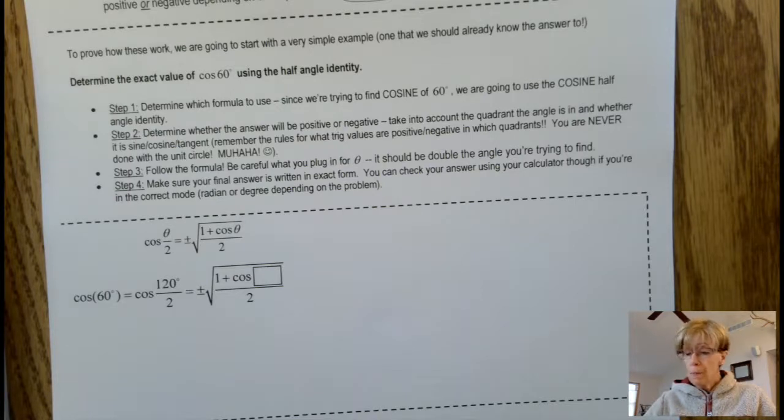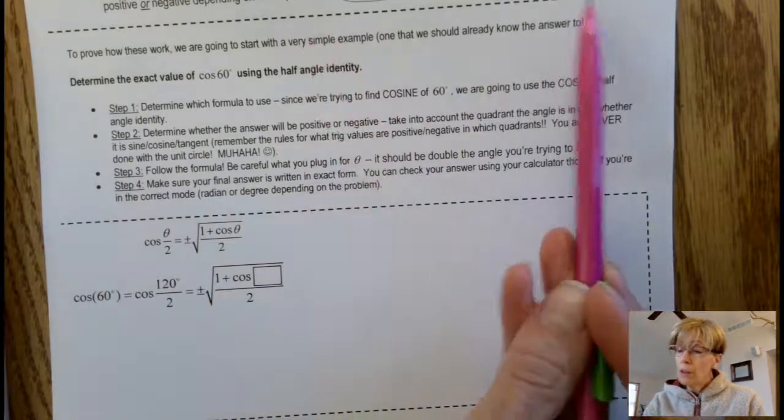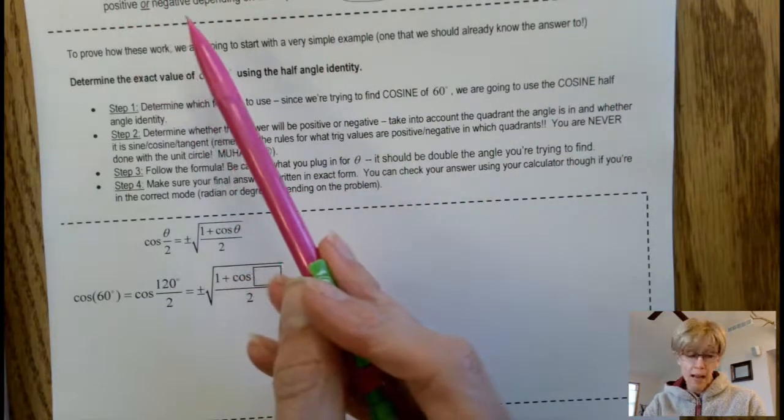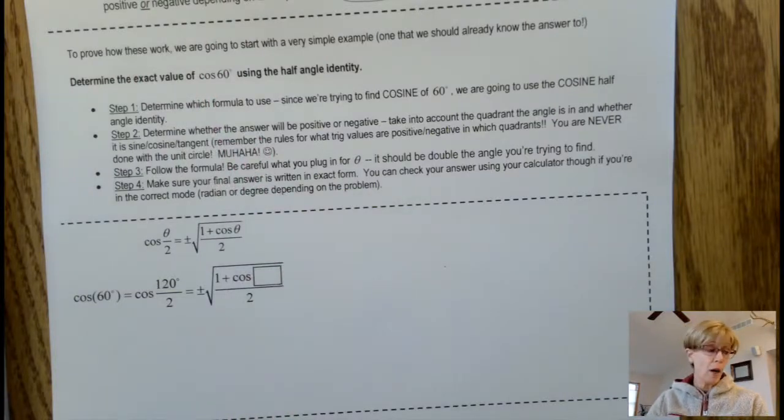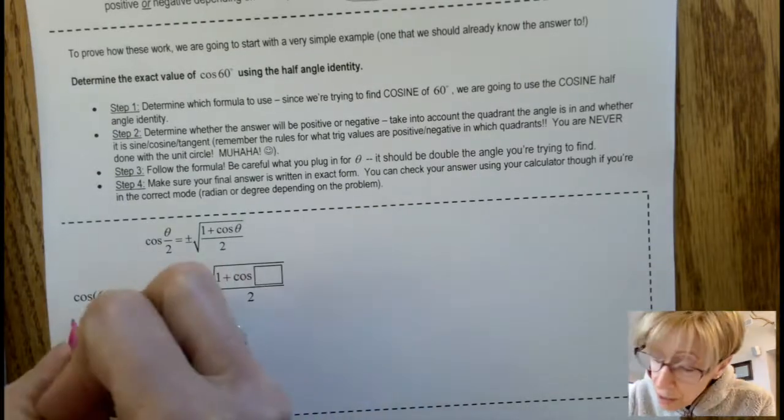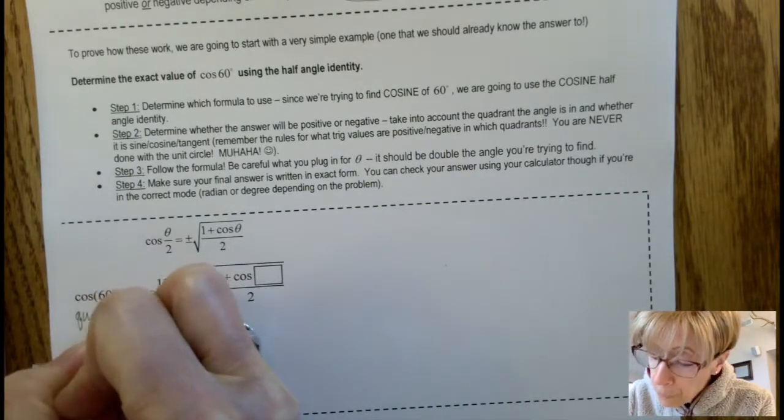Now, I have a little bit of trouble going back to degrees. I'm very much a radian person. But I think for the half angles it's easier to use degrees, and that tends to be what Edmentum does. So this is going to be 1 plus the cosine of 120.